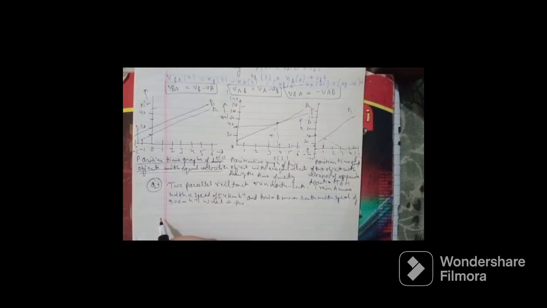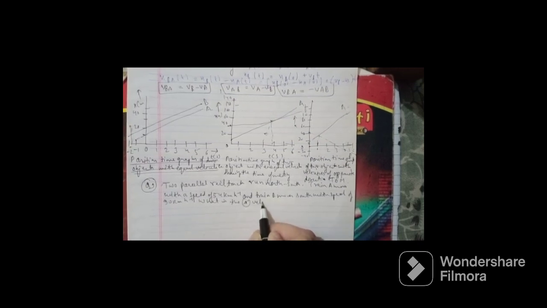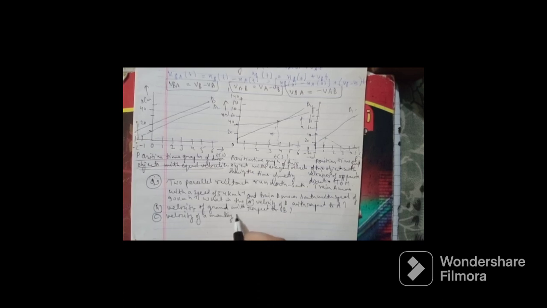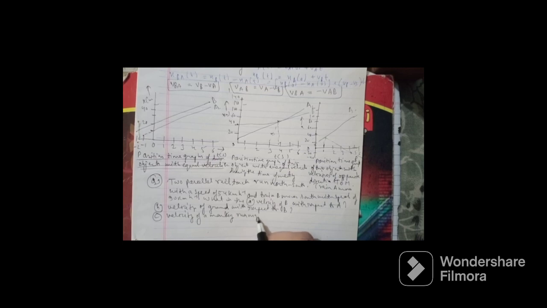What is the, so first we have velocity of B with respect to A. The second we have velocity of ground with respect to B. And another is velocity of a monkey running on the roof of the train.